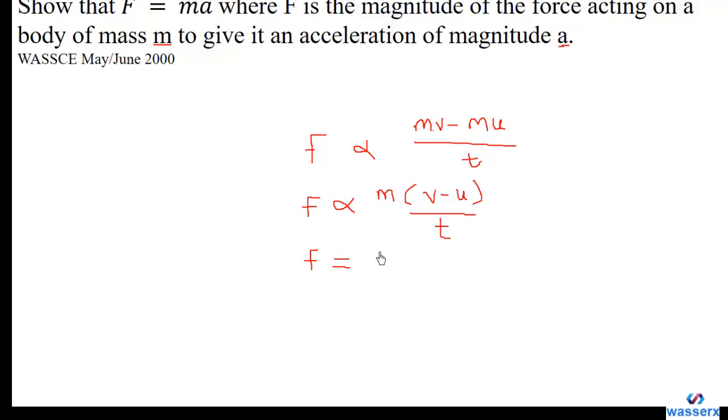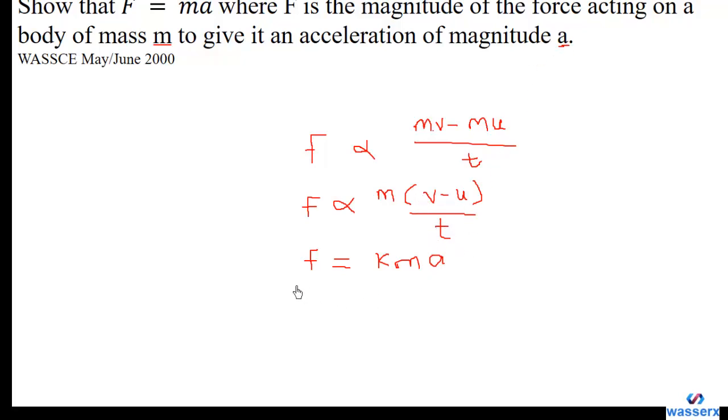Then we have k times the mass. Now recall that v minus u over t, the change in velocity over time, gives you acceleration. So the magnitude of that acceleration is a.